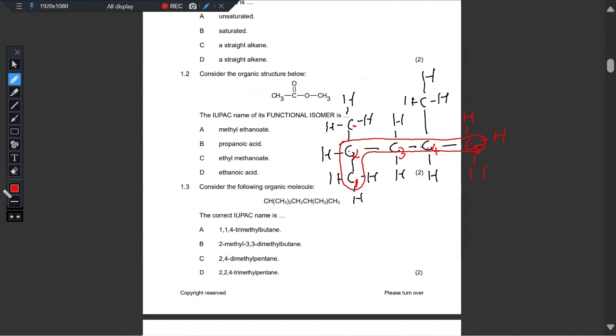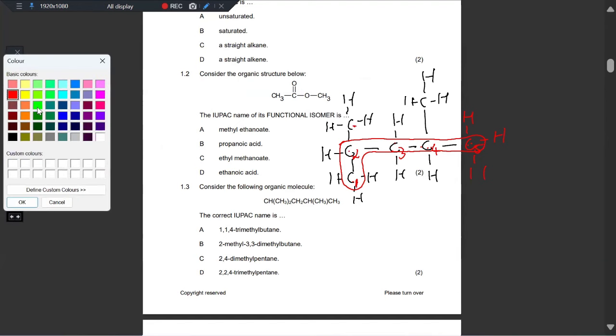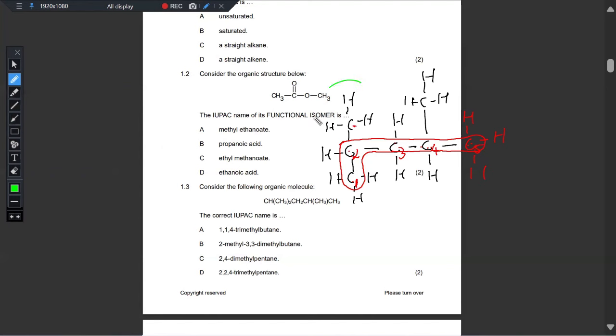But then let's look at the positions of our methyl branches. We have a methyl branch in carbon number 2, and then we also have another methyl branch in carbon number 4, which should be 2,4-dimethyl, right? So look at what I'm doing. I'm not looking at the options. I'm trying to draw that out so that I see what matches up with the options.